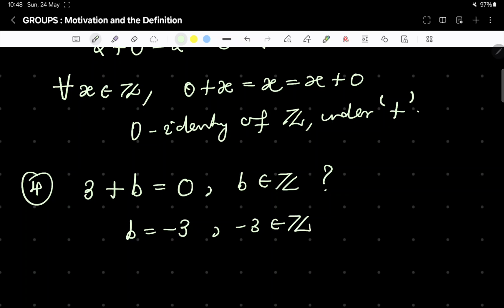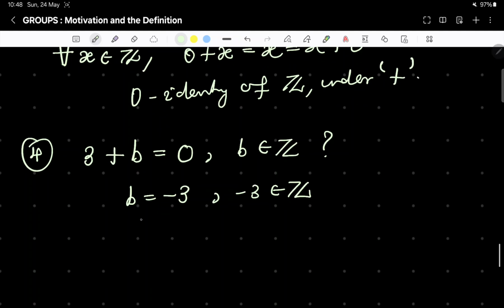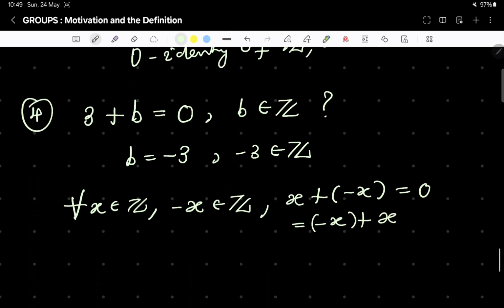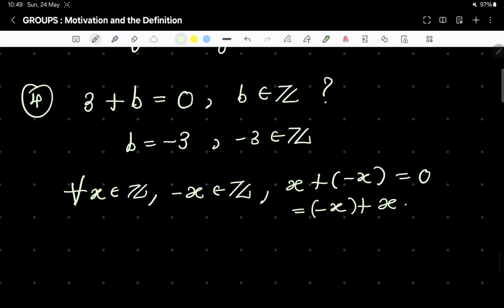Fortunately, minus 3 is in Z. So for 3, minus 3 is in Z. What I am going to claim is, for any integer x in Z, we have minus x in Z such that x plus minus x equals 0 equals minus x plus x, right? So we have this property. For every element there is an inverse, that's what we call it, right? So we can see the existence of inverse for every member in Z.